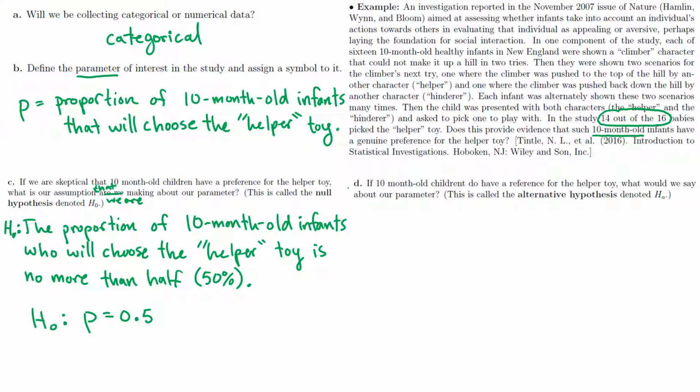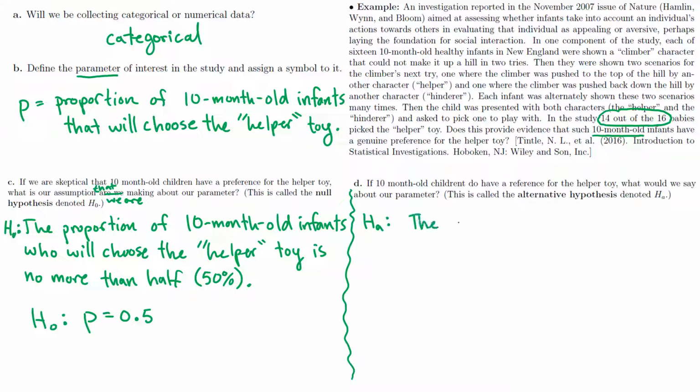Every time I set up a null hypothesis, I'm also going to set up its alternative. The alternative might be the thing that we're trying to see if our data provides strong enough evidence to prove. In this case, it says if 10-month-old children do have a preference for the helper toy, so that would be the alternative to saying that they don't, what would we say about our parameter? This is called the alternative hypothesis. The alternative hypothesis should just contradict the null hypothesis.